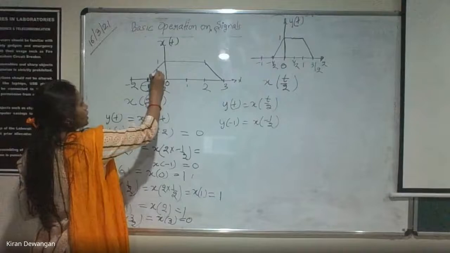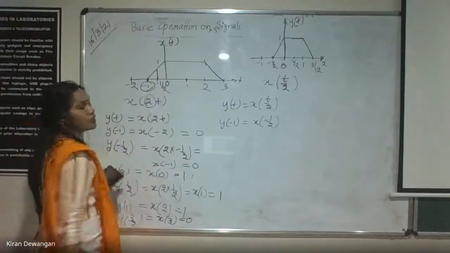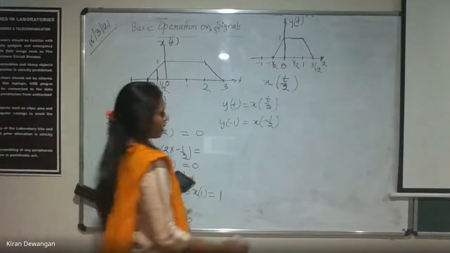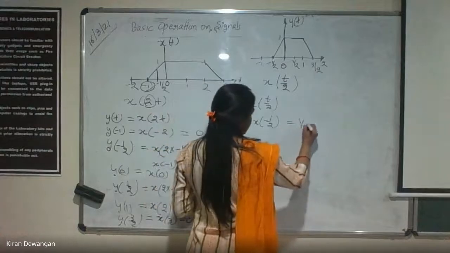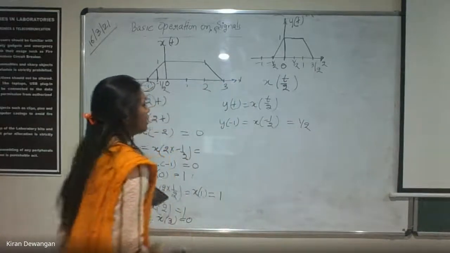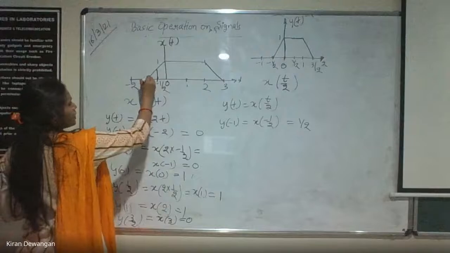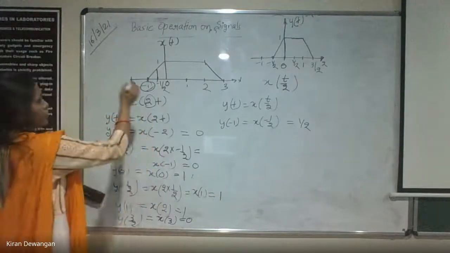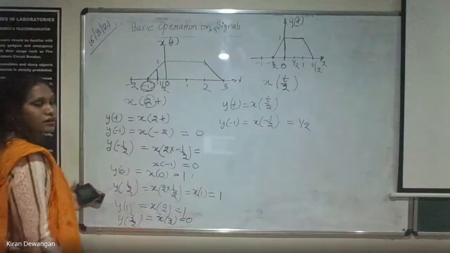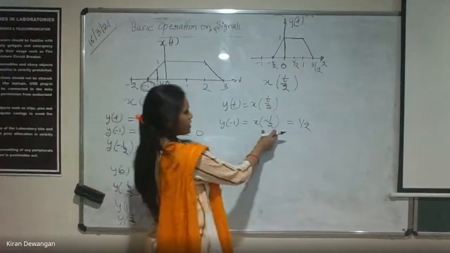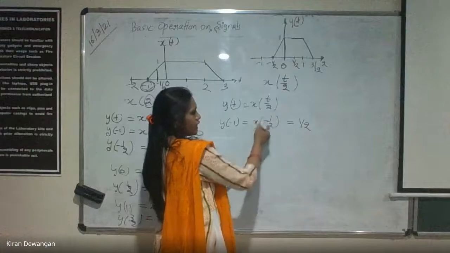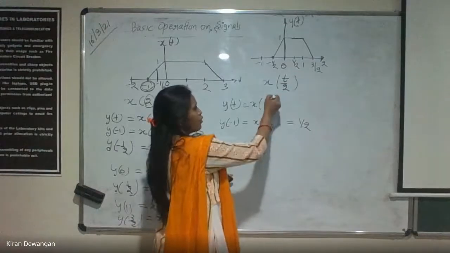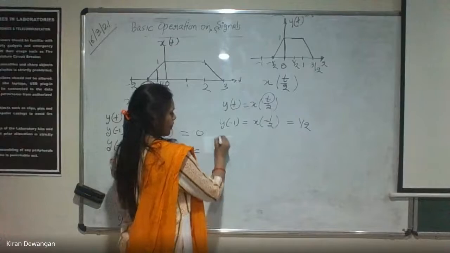What is the value at this point? It is approximately 1 by 2. Correct. It's 0.5. So if we want this value to be 0, what will we do? We should have x of -1, right? If we want x of -1 here, what should be the value of t? 2.